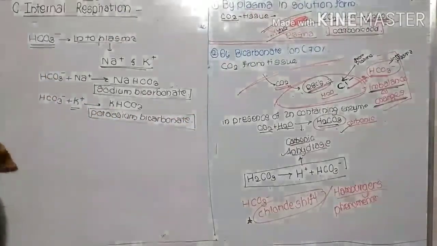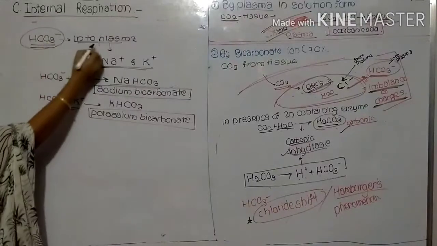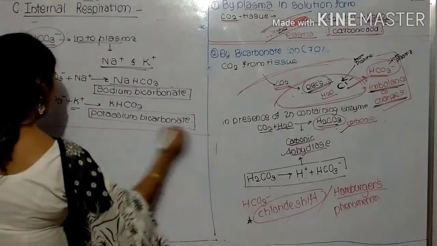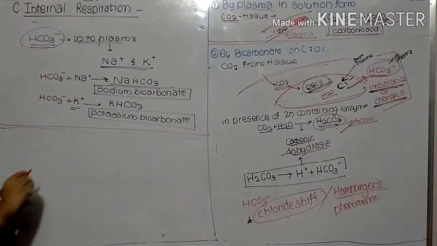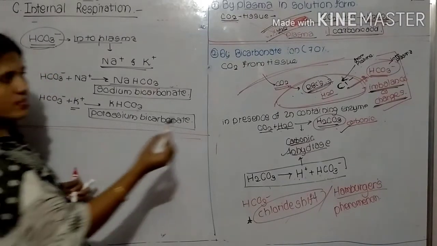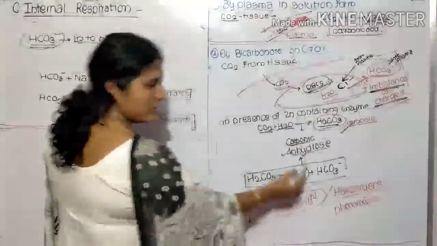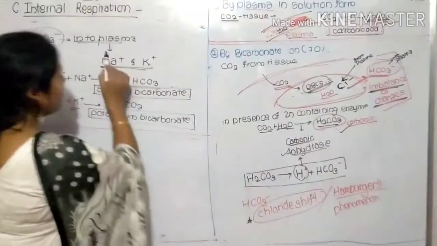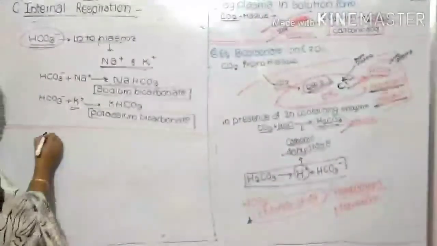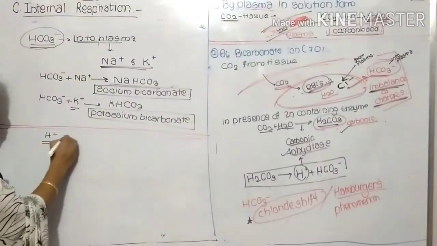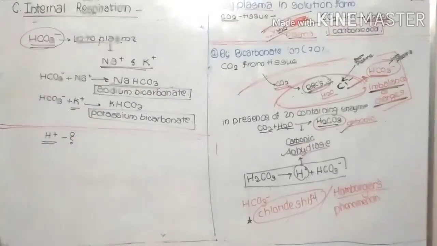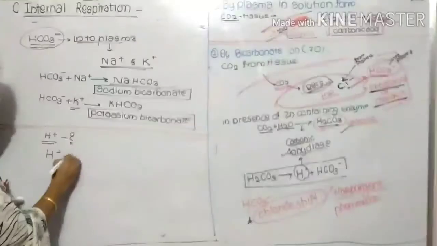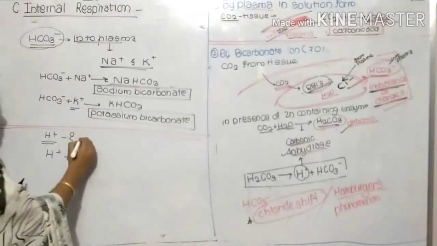Okay, so I have explained about this HCO3 minus which enters into the plasma. But here what happened? Inside the RBCs, that H plus is present as it is. See this. What about this H plus? Here we have seen that HCO3 minus enters into the plasma, so what happened with this H plus?